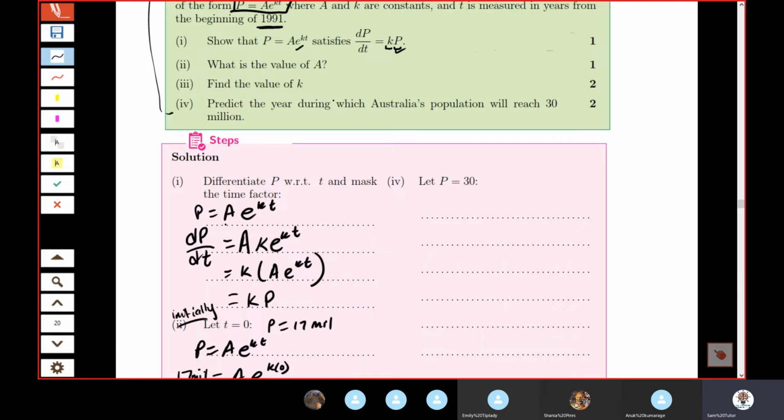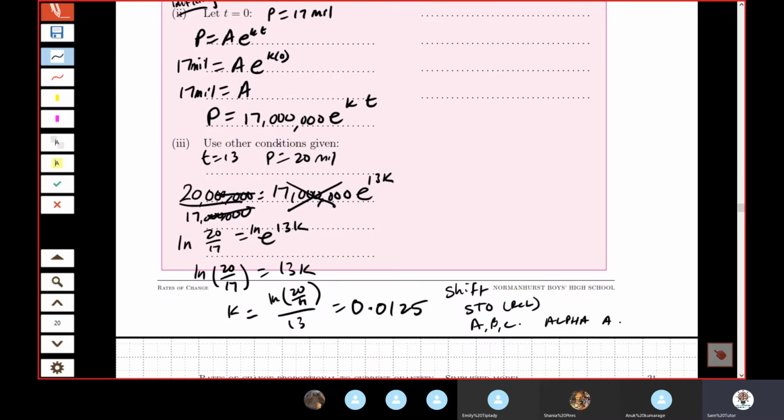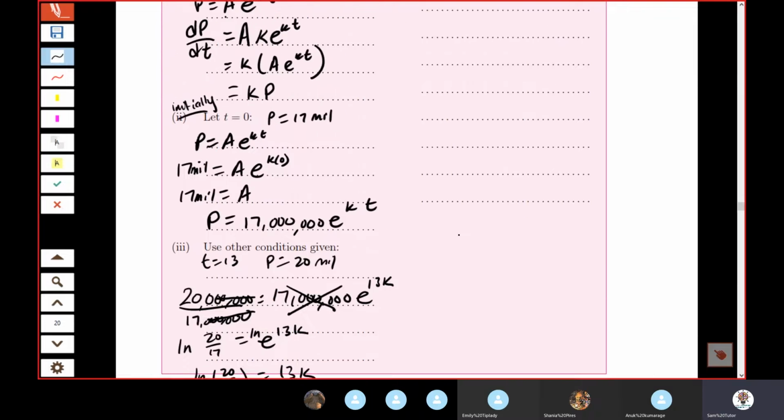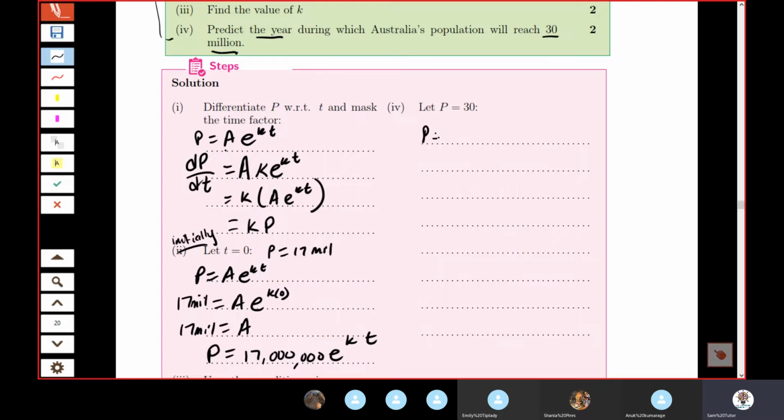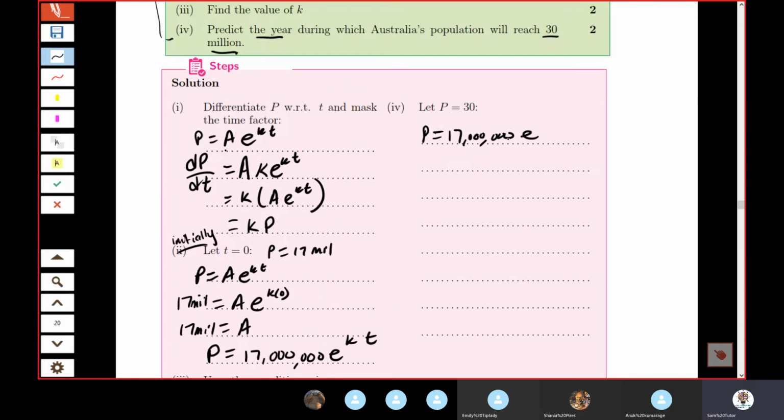And then predict the year during which Australia's population will reach 30 million. Predict the year. Also worth 2 marks. Okay. Well, that just means I've got my new formula, which now looks like P equals 17 million e^(kt). I know what my k is. So P equals 17 million e^(0.0125t).